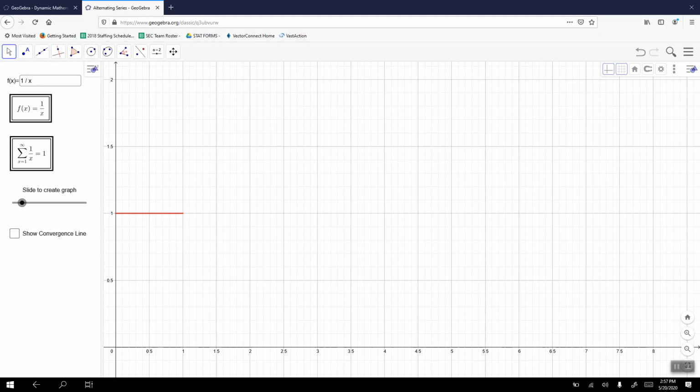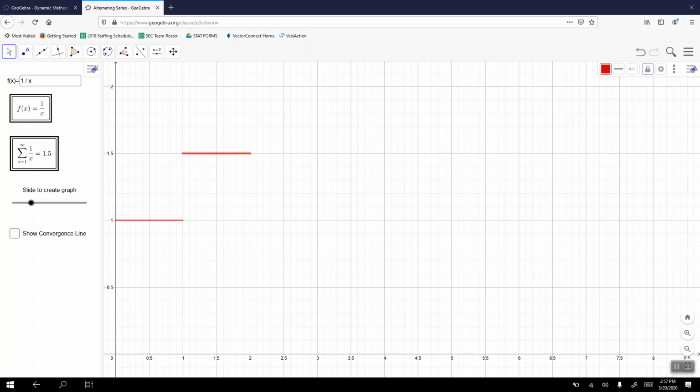line segment. My next line segment, this one here, is the next term of the series added to the previous one. The second term is 1/2, and the previous term was 1, so 1 plus 1/2 gets us 1.5, and here's that graph of it. Every new graph just represents a new partial sum of this initial series.